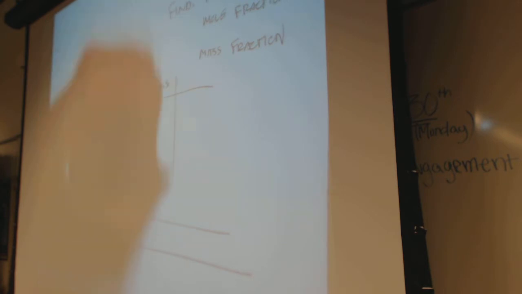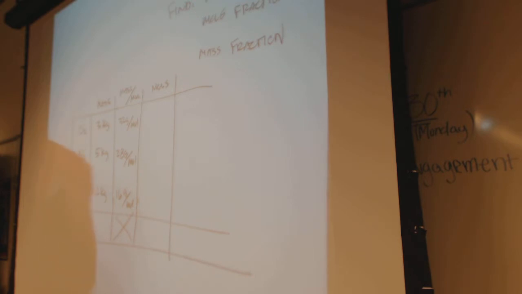So I want to know how many moles. 3 kilograms O2 divided by 0.032 kilograms per mole O2.